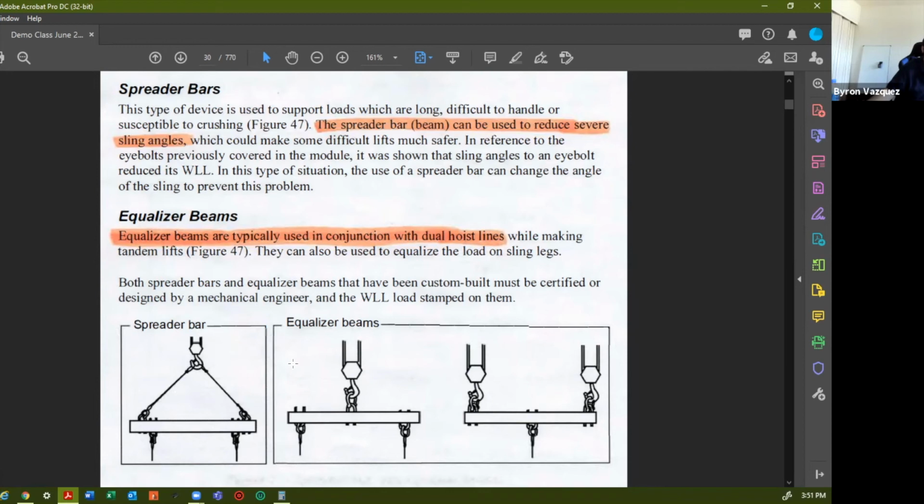So that's pretty much the difference there. Equalizer beams are typically used in conjunction with dual hoisting lines. So if you had a massive load, so large you need two lifting devices, and they're talking about cranes, you're going to want to use an equalizer beam. This is mainly for critical lifts, and we're going to talk about that, probably not today, but in the course, if you register, we're going to talk about everything.